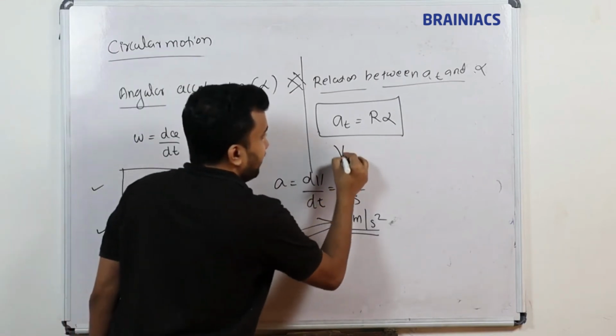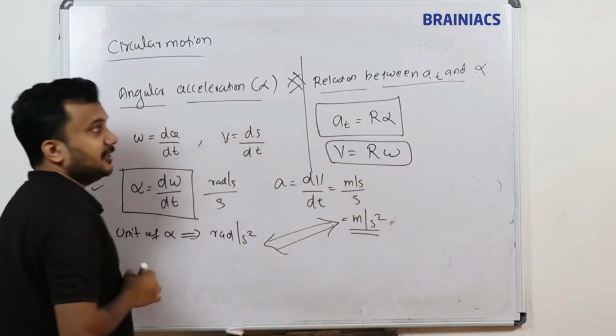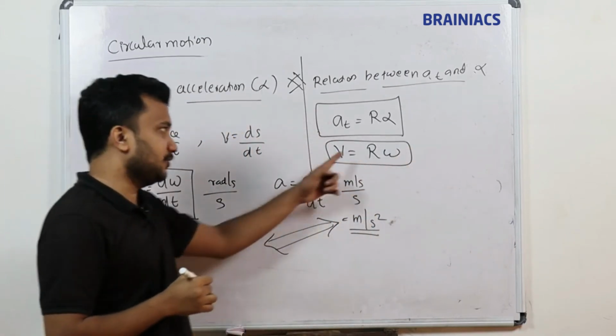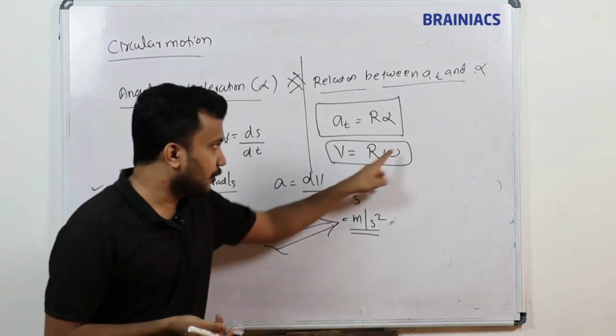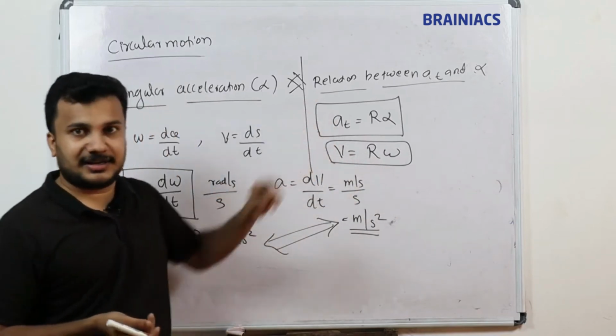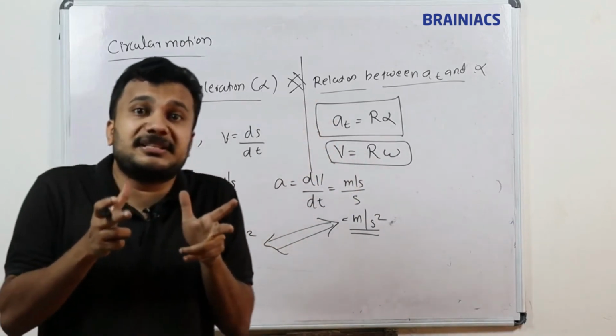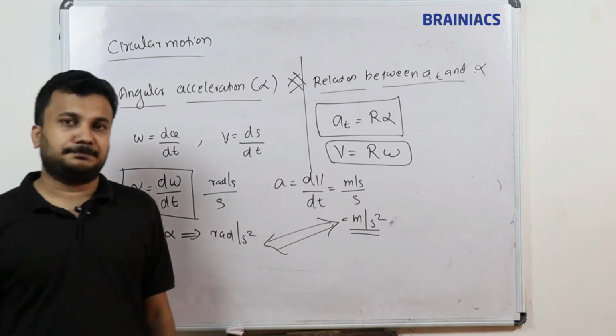We have also written previously V is equal to R omega. This is another relation we already discussed. V and omega are connected by R. Centripetal acceleration is a specific kind of acceleration that exists only for circular motion.